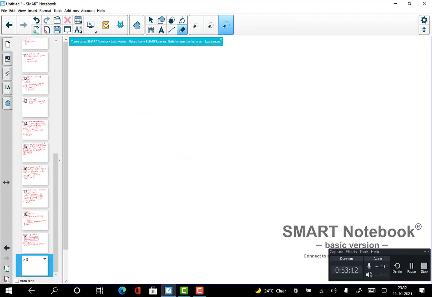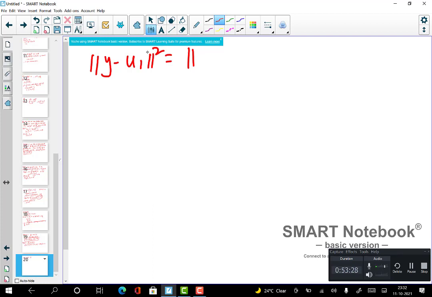Now come to the fact that the distance from y with u1, or rather the norm of this, I should say. Let me write down the square of those norms, because I want to use Pythagorean theorem. So this is equal to the norm of u plus z minus u1, because y equals u plus z.